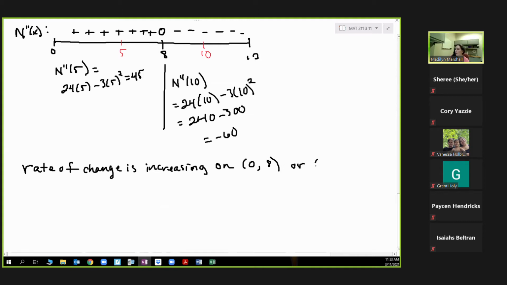Or we could also write it in interval, or excuse me, in algebraic notation. Either of those would be fine. And the rate of change is decreasing on 8, 12.